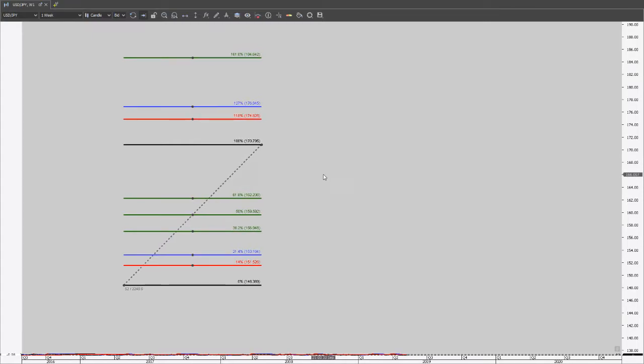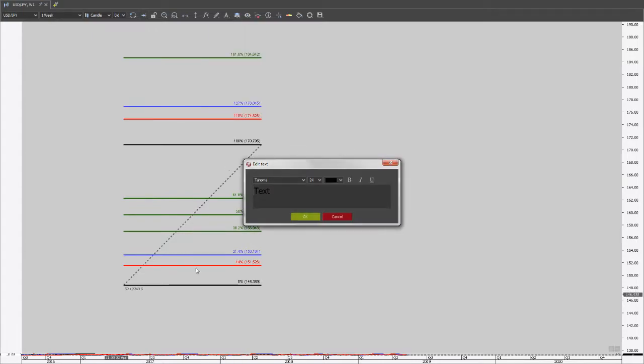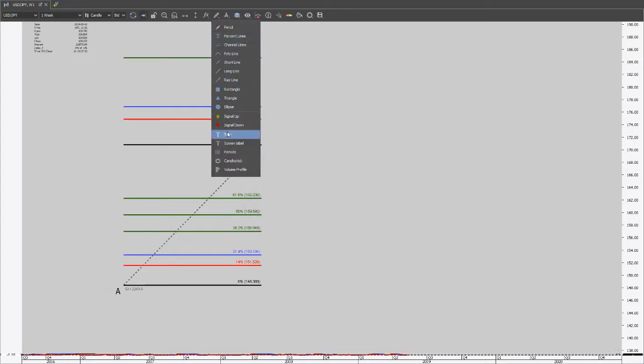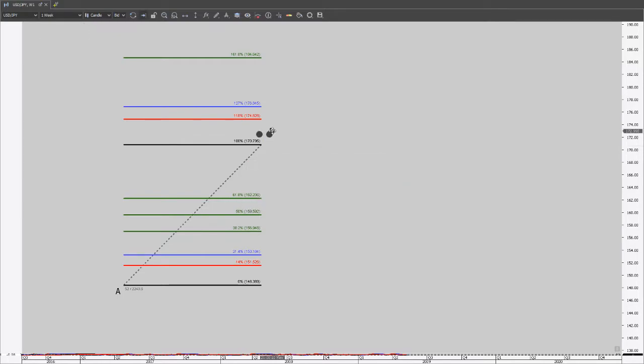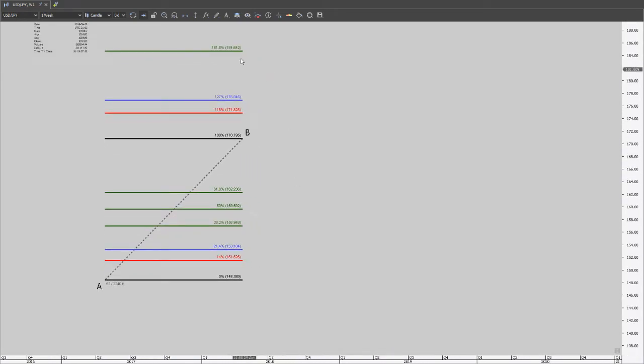Okay, now I'm going to explain everything. Let's go step by step. First, we are going to erase the Fibonacci in here. Now, this is part of your education, everybody.